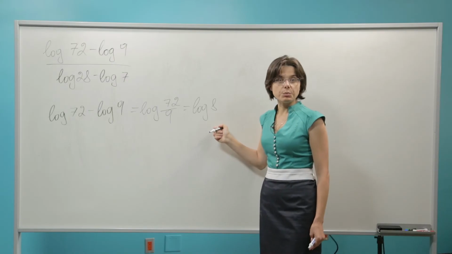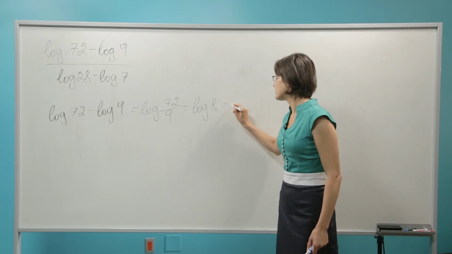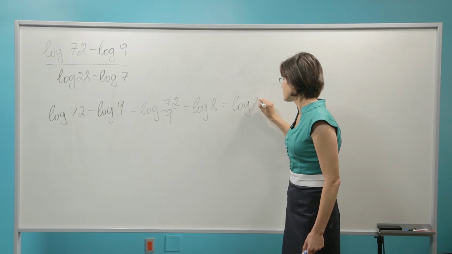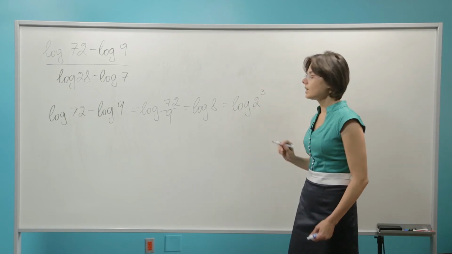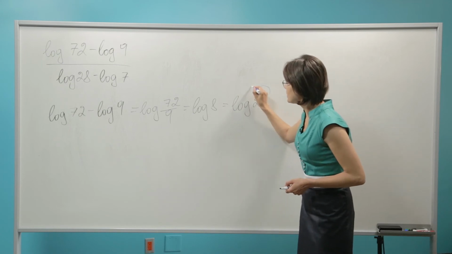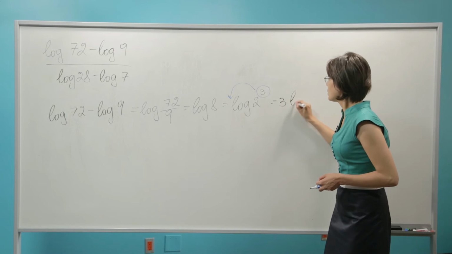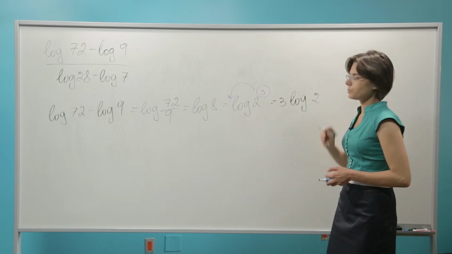I can play with this even more. I can represent 8 as a power of 2. So it's logarithm of 2 cubed. And now, using the property of logarithm, I can take this power and bring it outside of the logarithm. So it would be the same as 3 logarithm of 2.